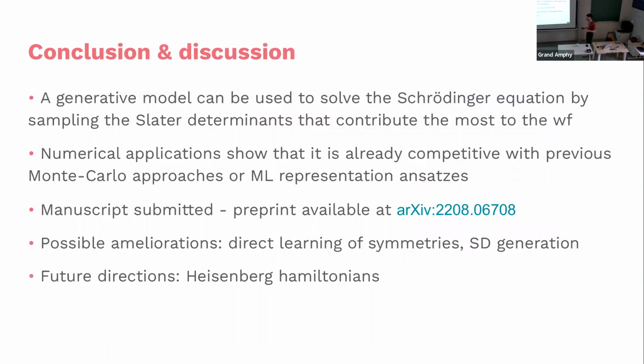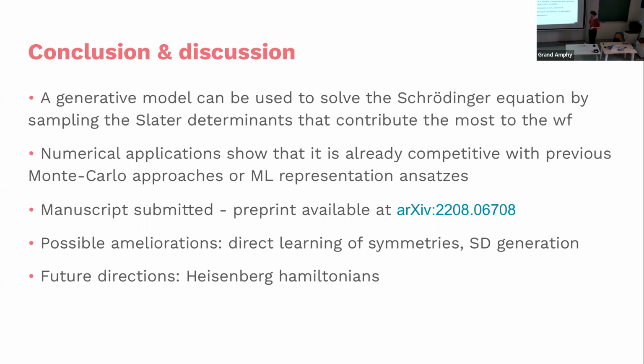So I hope to have shown you that a generative model can be used to solve the Schrödinger equation by sampling the Slater determinants that contribute the most to the wave function. Numerical applications show that it is already competitive with previous Monte Carlo approaches and machine learning representations on ZATs. I submitted the project and the preprint is available on arXiv.